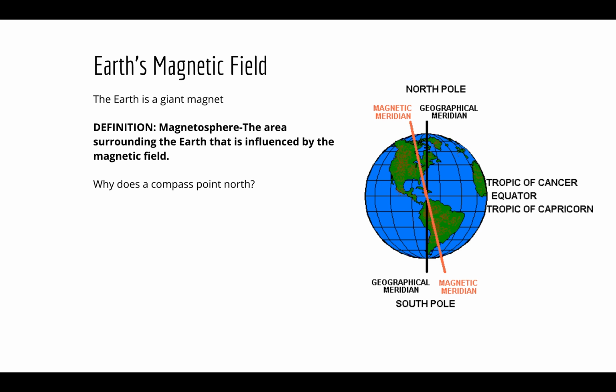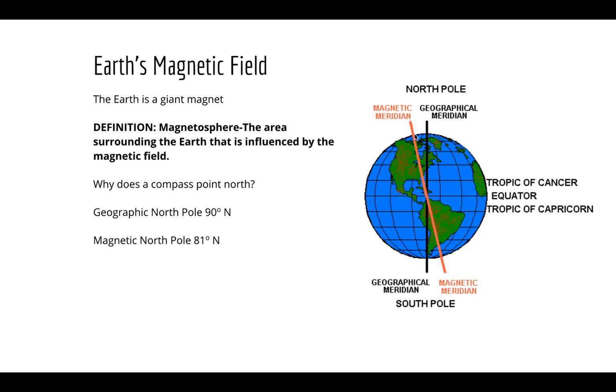So why does a compass point north? Well, because the Earth is a giant magnet, that means the Earth has two magnetic poles. And so a compass is going to point towards the magnetic North Pole. Now, the geographic North Pole is at the tip top of the world at 90 degrees north. However, the magnetic North Pole is at 81 degrees north. And this is because the liquid inside of the Earth is always moving.